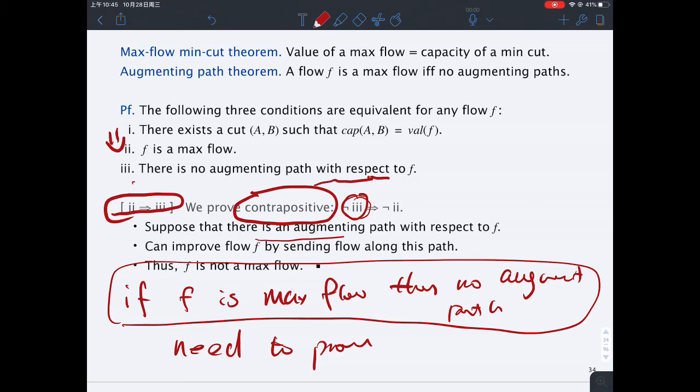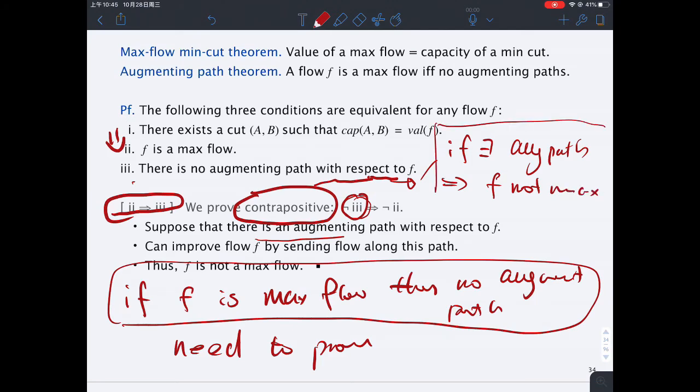Contrapositive basically means, let me just repeat, that we want to say that if there exists an augmenting path, then F is not maximal. This is what we want to prove. If we manage to prove that, that implies that we can prove 2 implies 3. But this is exactly what we mentioned in our algorithm.